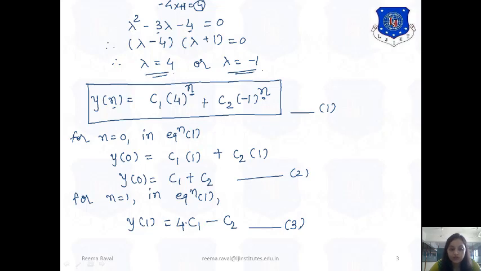Now we will solve these two equations, that is y of 0 and y of 1, to get the value of C2, and then we will place the value of C2 in this equation to get C1.